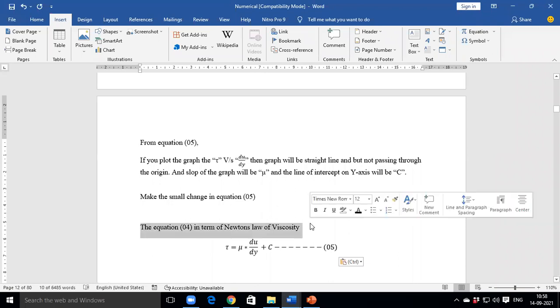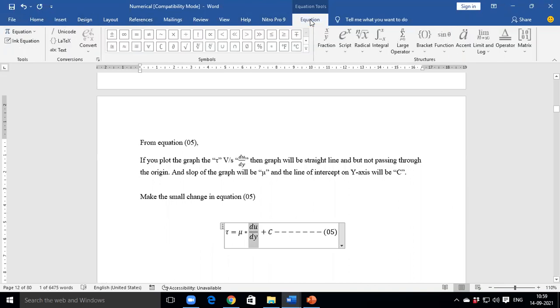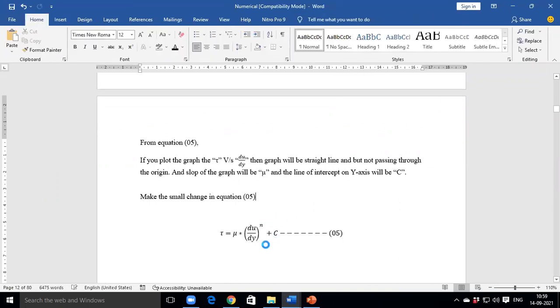This is equation number 5. Make a small change in this equation, and that change is, as we already discussed, make the power n. In this equation number 6, what will be the nature of the graph? Can anybody guess it now?